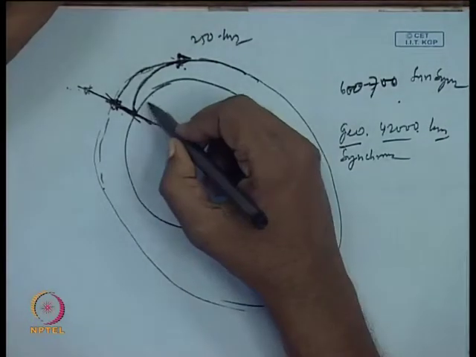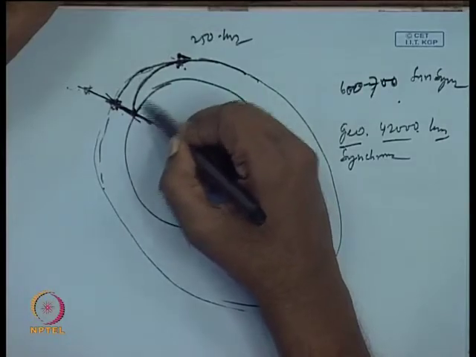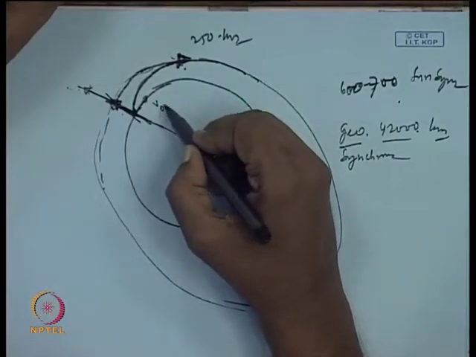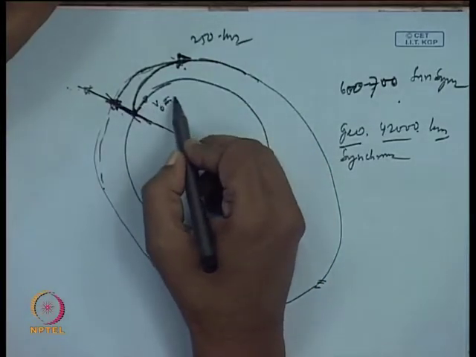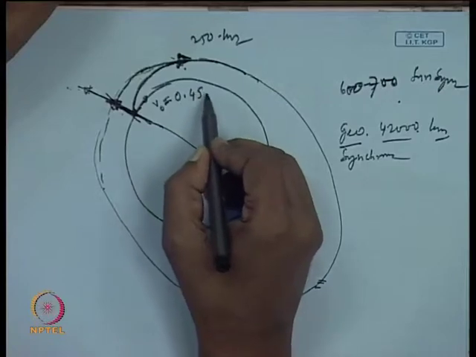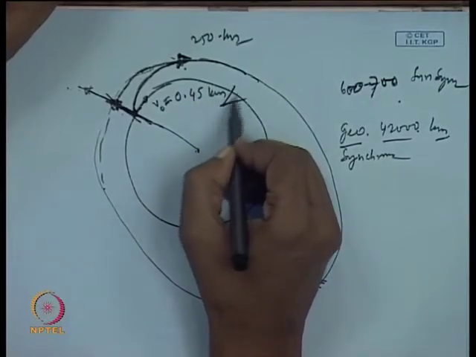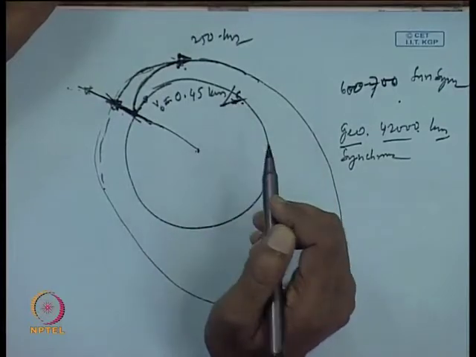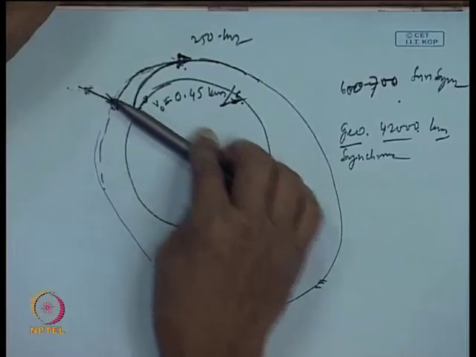Okay, so, for the rocket, we have already seen that if the rocket is at the equator, it will have a component of V 0 which is horizontal, and this value is around 0.45 kilometer per second. But this does not add to the vertical velocity.